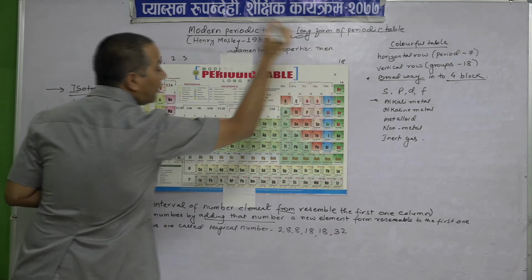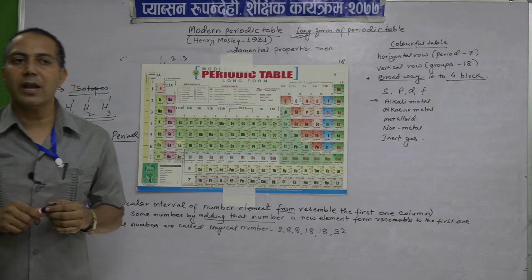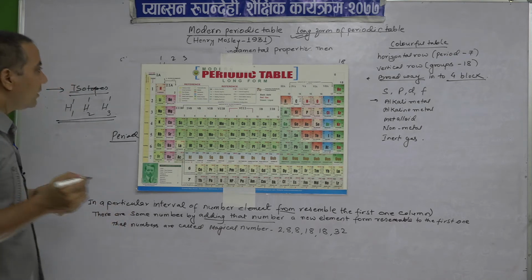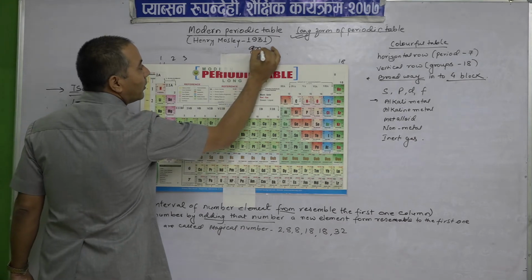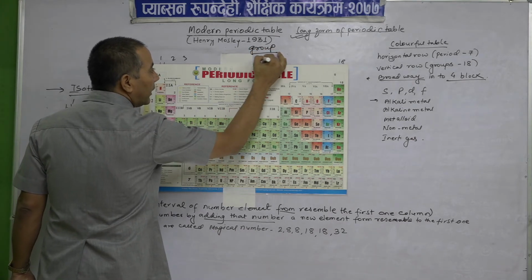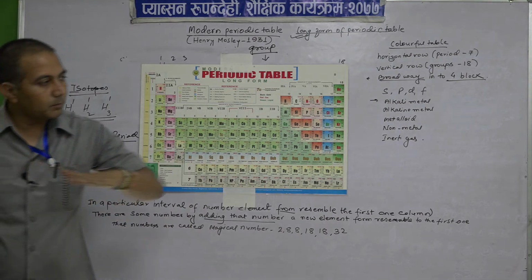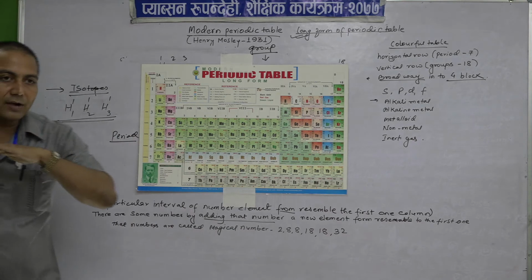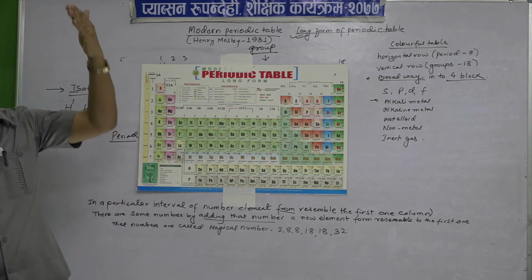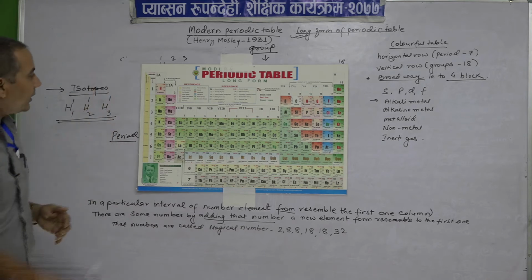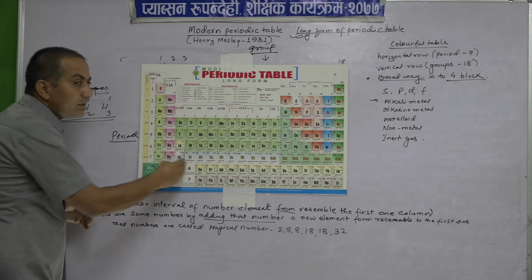These 18 columns are known as groups. So the horizontal rows are known as periods, and the vertical columns are known as groups. How many periods are there?